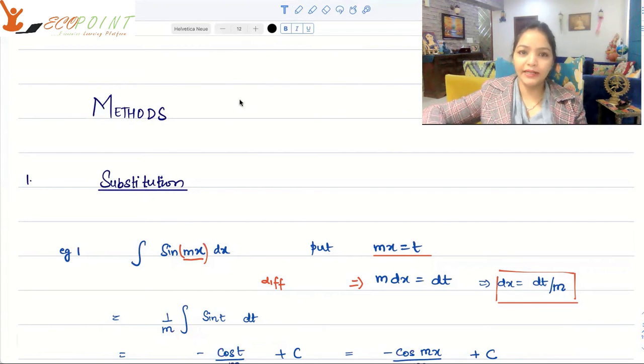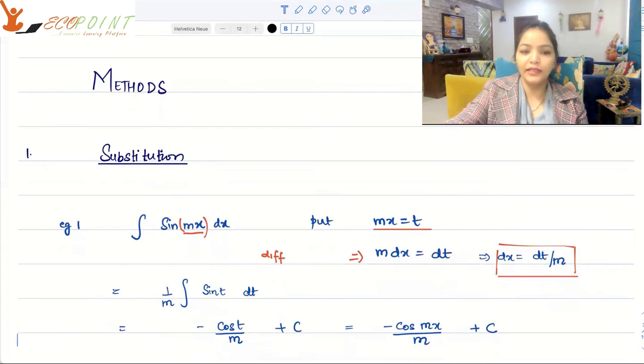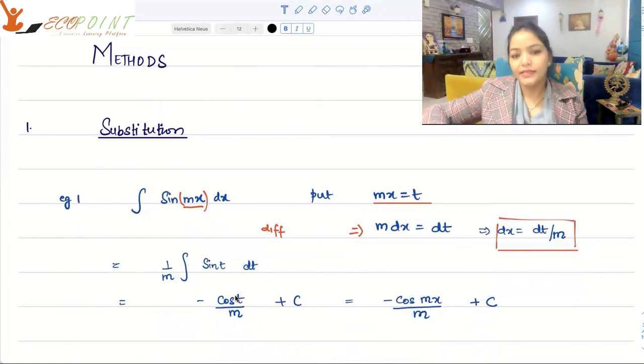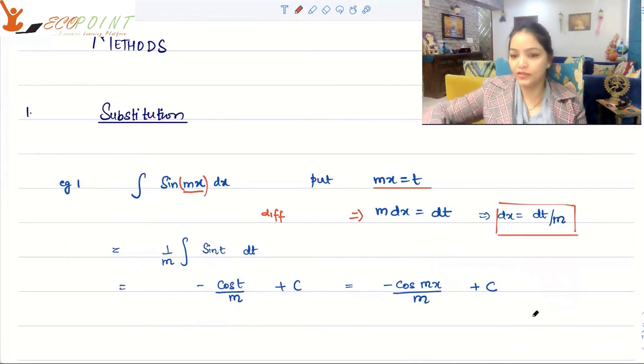When you integrate it, you get minus cos t, because the derivative of minus cos t is sine t. Therefore the integral of sine t is minus cos t, and with the 1 upon m, plus c.